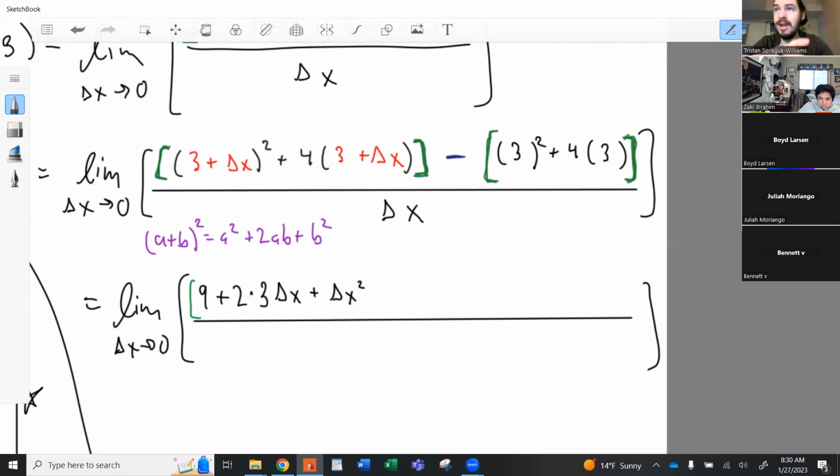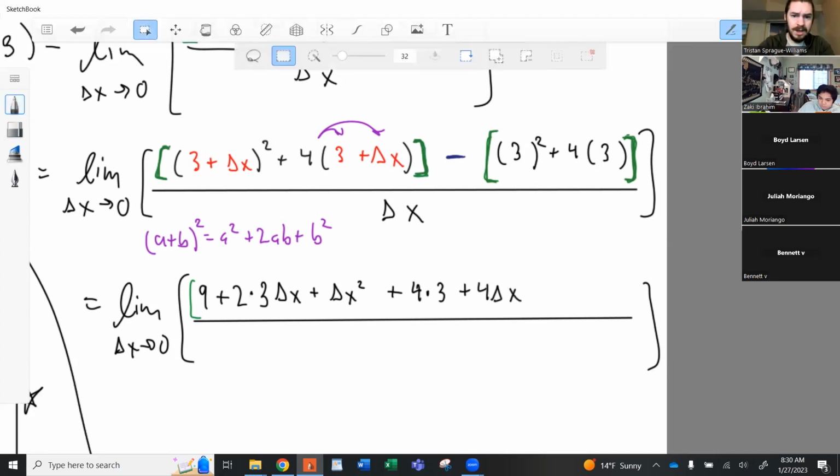If you're not totally comfortable using that shortcut, please write out 3 plus delta x times 3 plus delta x and FOIL it, okay, to avoid making a mistake there. So that's what I get from squaring. And then I have to distribute this 4 over here, right? So I get 4 times 3. And I'm just going to write it out like that first, and then plus 4 delta x. And that'll simplify a little bit in the next step.